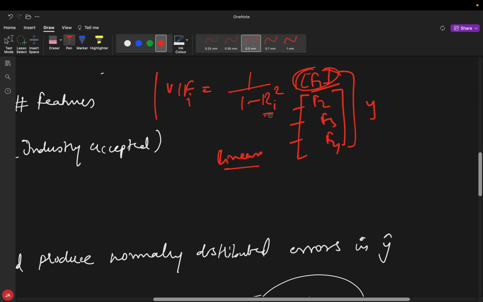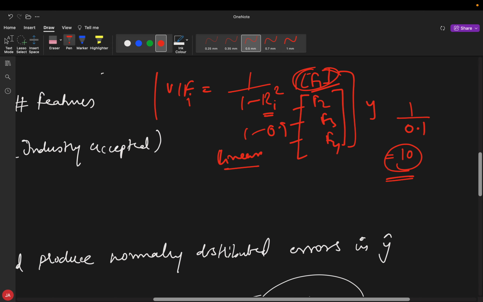If my r square is high, the denominator would be low. VIF is 1 divided by 1 minus r square. If r square is 0.9, then 1 minus 0.9 is 0.1, so the VIF score is 10.